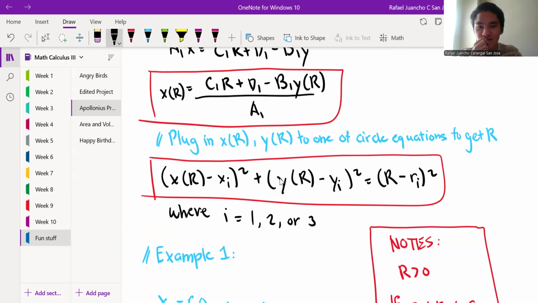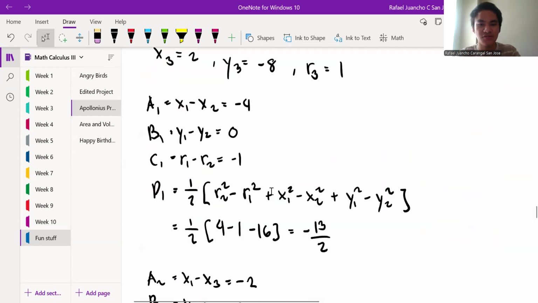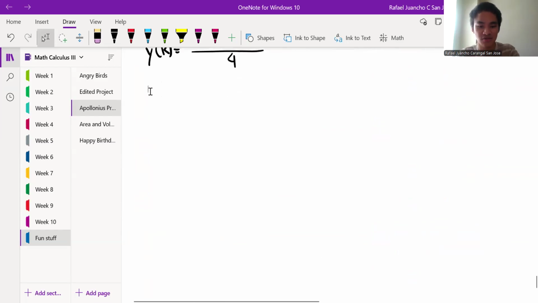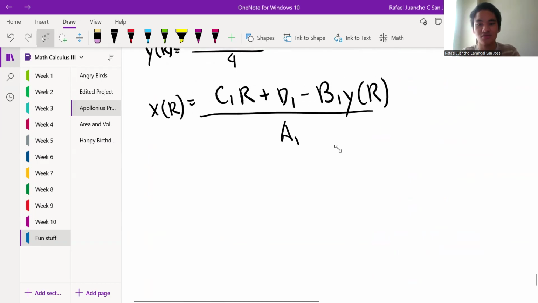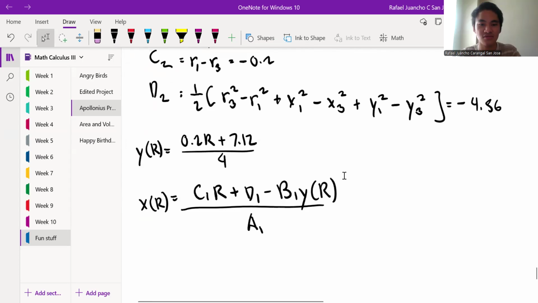So here we kind of assumed already that their radiuses have to be equal. So I don't think this will work. We'll see. If it doesn't work, then we're going to assume that the radiuses have to be equal.